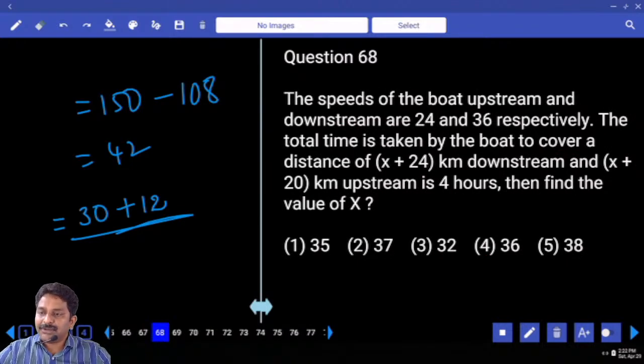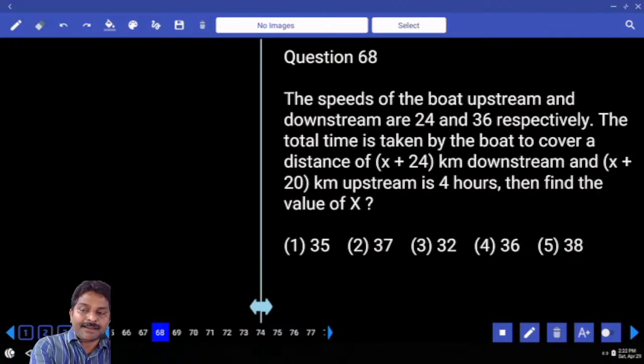The speeds of the boat upstream and downstream are 24 and 36 kilometers per hour respectively. The total time taken by the boat to cover a distance of x plus 24 kilometers downstream and x plus 20 kilometers upstream is 4 hours. Find the value of x. Okay, right.